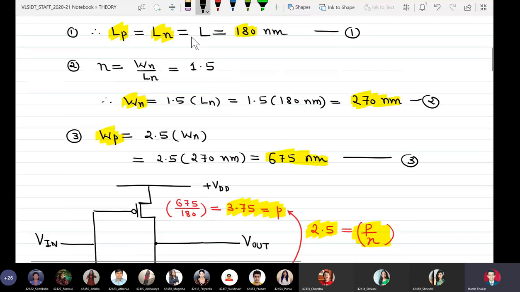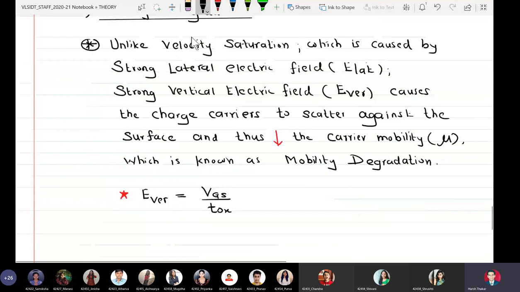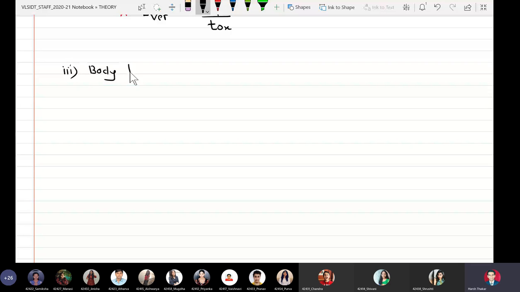Have you come to body effect? Body effect is something I think you have already studied in your second year, but I do not know how much you remember. Body effect is usually seen when we connect MOSFETs in series.